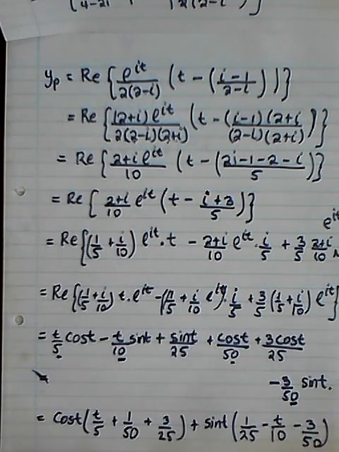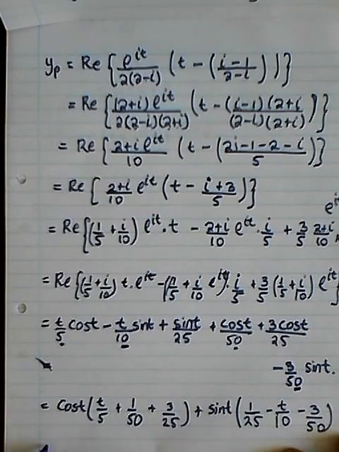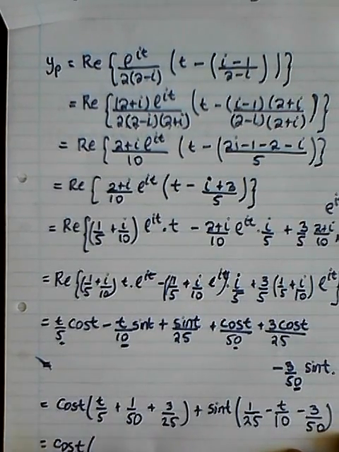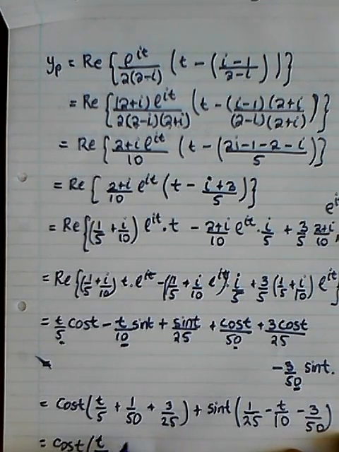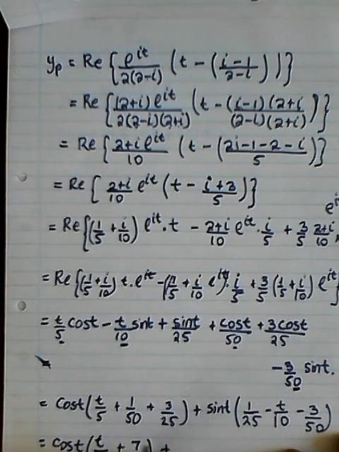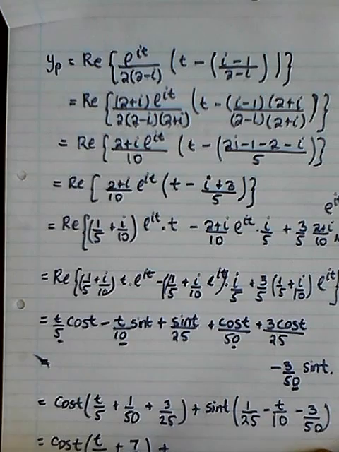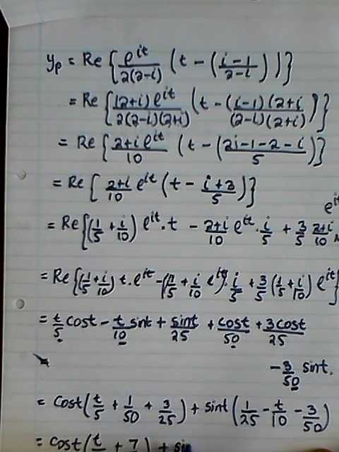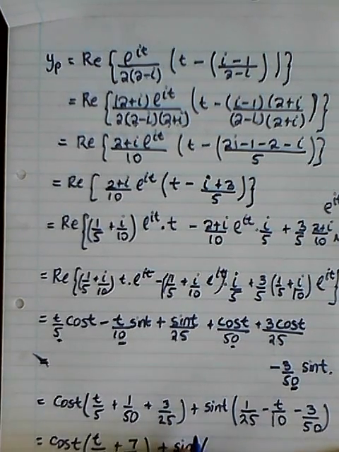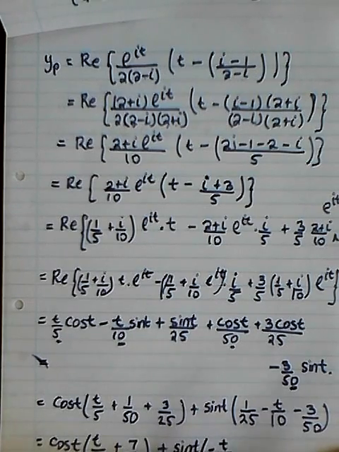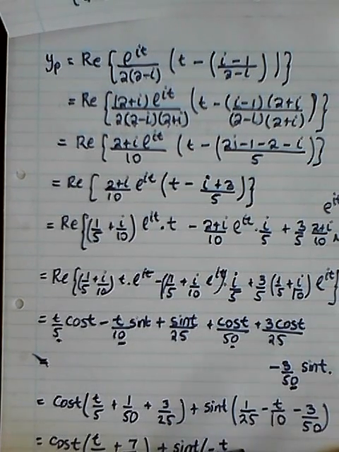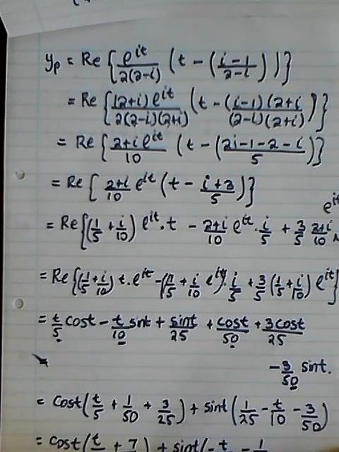Now when we simplify what's inside the bracket, we're going to get cos t times (t over 5 plus 7 over 50) plus sine of t times (minus t over 10 minus 1 over 50).